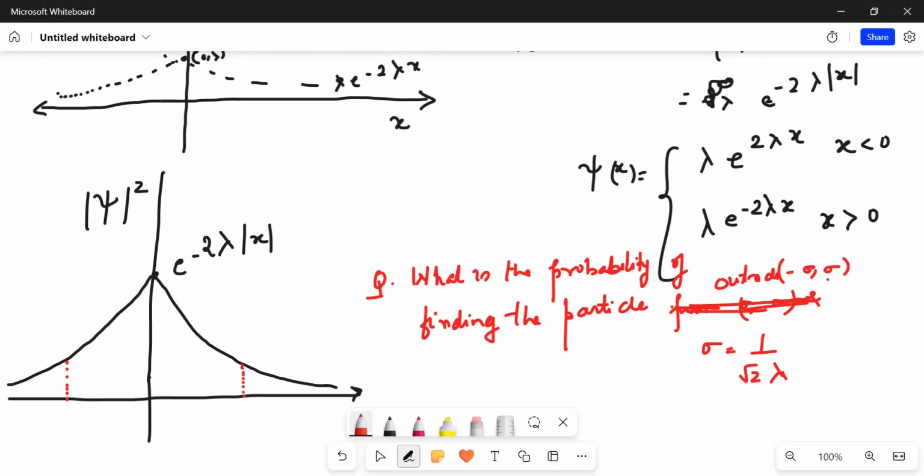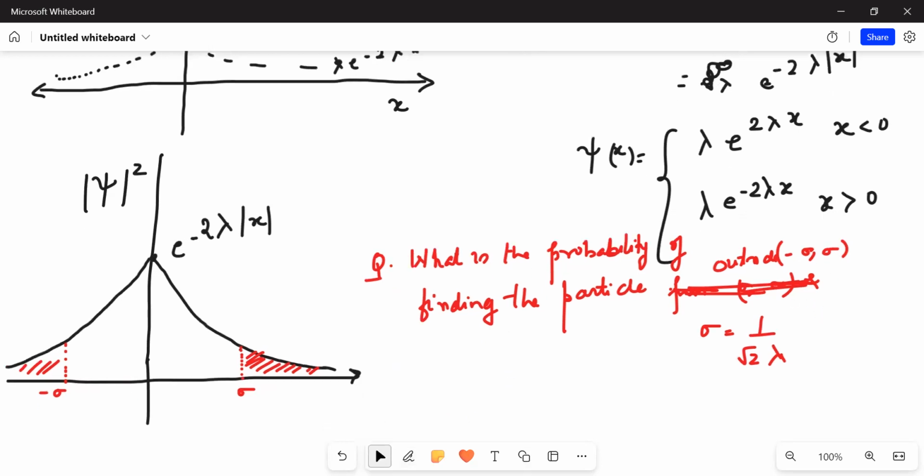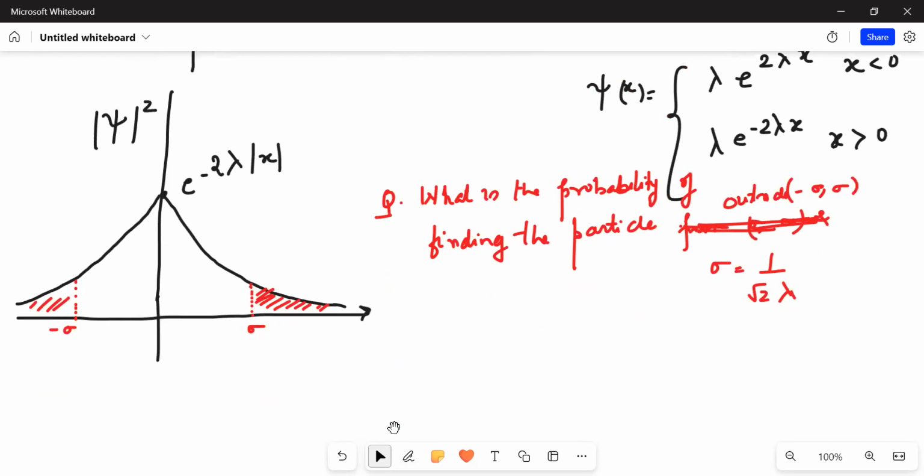Sigma was representing the uncertainty. So beyond this uncertainty that you found, that is sigma, what would be the probability? The probability would be simply this area, and this area. Let's say this is your minus sigma, this is your plus sigma. What is the probability of finding the particle outside minus sigma and plus sigma? It would be simply this integration, and this integration represents this area.